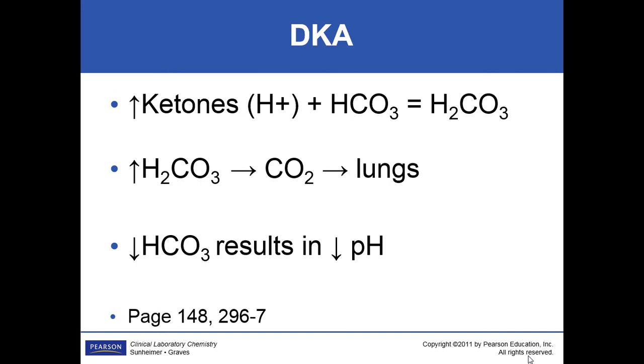CO2 and water. And the CO2 is going to get blown out in the lungs. Okay? So this reduction in the bicarbonate has resulted in a lower pH because it's messed up this calculation over here. Okay? So this is diabetic ketoacidosis in its simplest form.